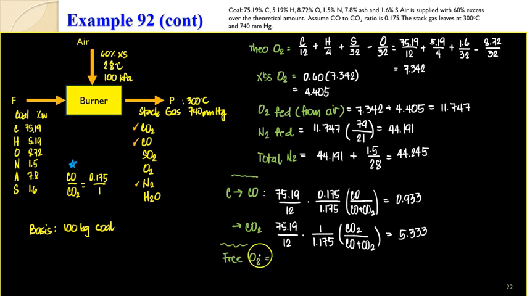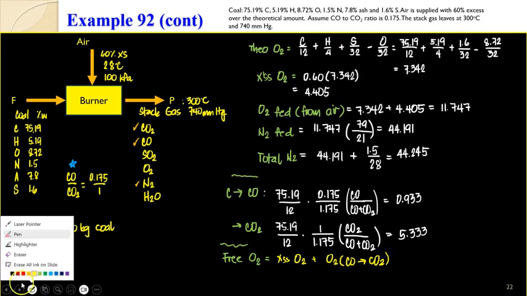The free oxygen here would then be the excess oxygen plus the oxygen that is used to convert the carbon monoxide to carbon dioxide, because carbon monoxide hasn't fully combusted yet. It was not a full combustion. Therefore, it would be excess O2 plus O2 to convert CO to carbon dioxide.